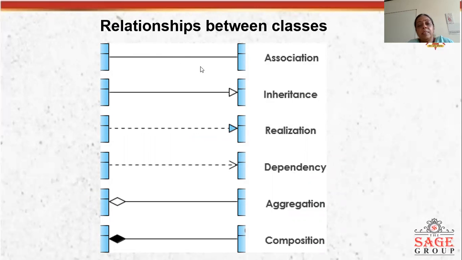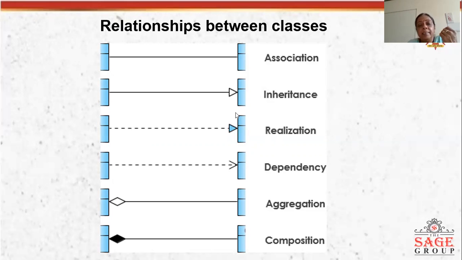Association means we are associating two classes. Actually, association is the relationship, and these all are types of association. Association means we are combining and relating two classes, and this association may be one-to-one, one-to-many, many-to-many, or binary, unary, ternary, like this.